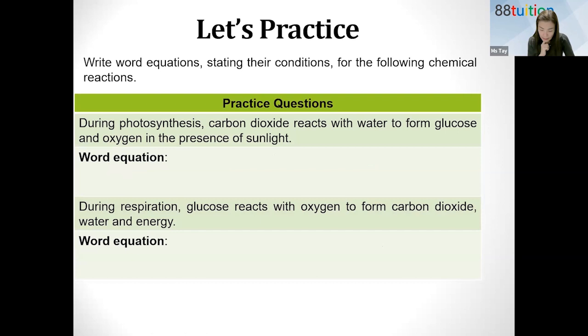So we try this again. During photosynthesis, carbon dioxide reacts with water to form glucose and oxygen in the presence of sunlight. So I can bracket out to make it clearer. Carbon dioxide reacts with water to form. 'To form' sounds like they should belong to the arrow, right?